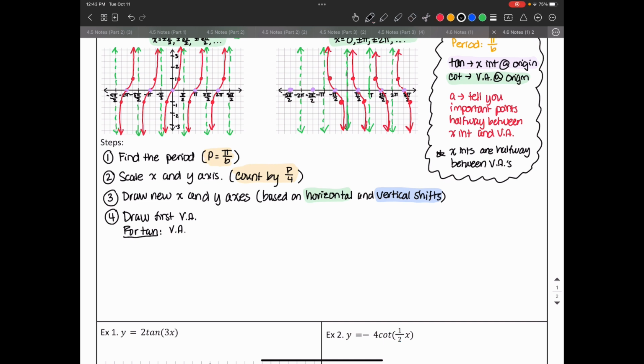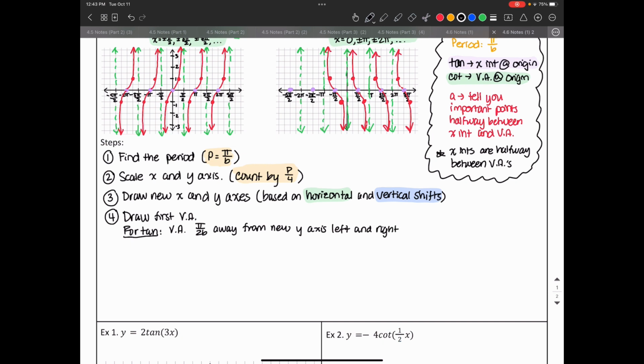For tangent, the first vertical asymptote is going to be pi over 2b away from the new y-axis, left and right. So you can draw both of those in, both the one to the left and to the right.